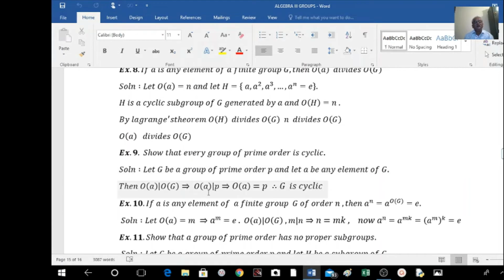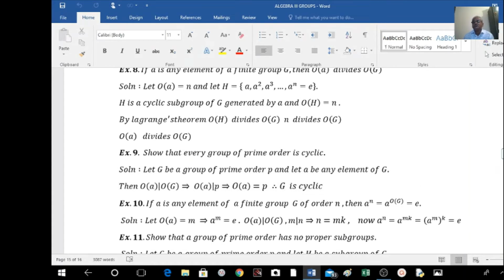And here we have taken A as any element, therefore the order of A must be equal to P. So G is a group of order P and there is an element A whose order is also equal to P. Then by one of our theorems, already proved, G is cyclic.